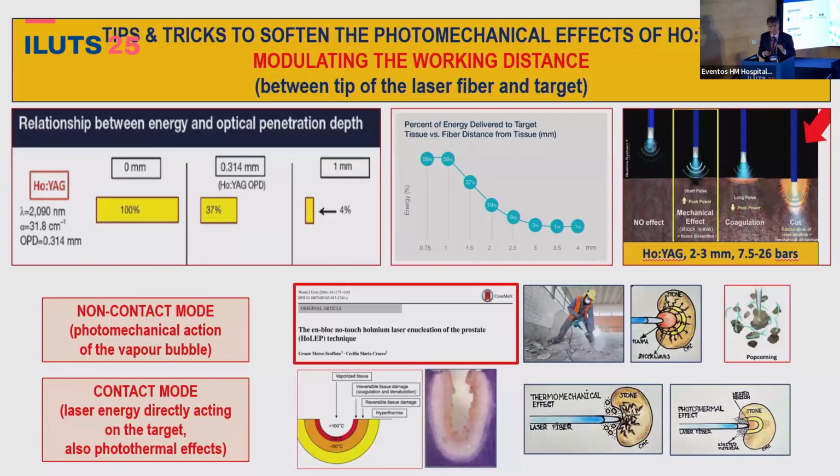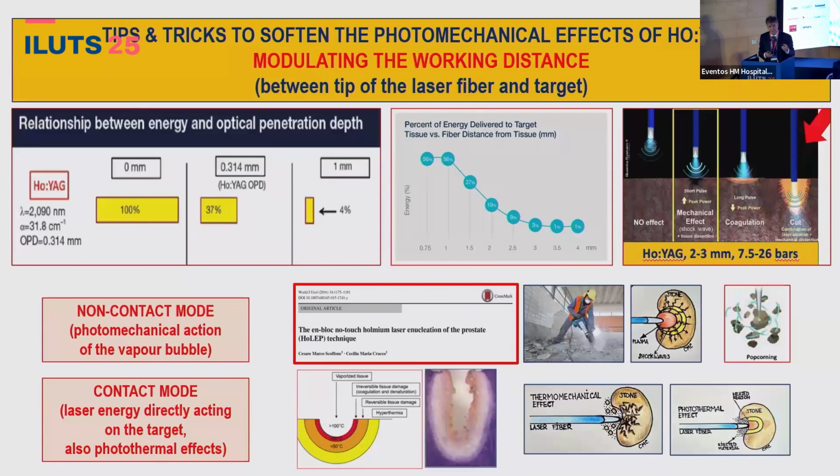And when we speak about the modulation of the distance, we know that holmium is efficient up to 2-3 millimeters from the target, so we can also modulate this distance from the target in order to try to decrease this really strong effect, especially when we are facing this kind of machine.